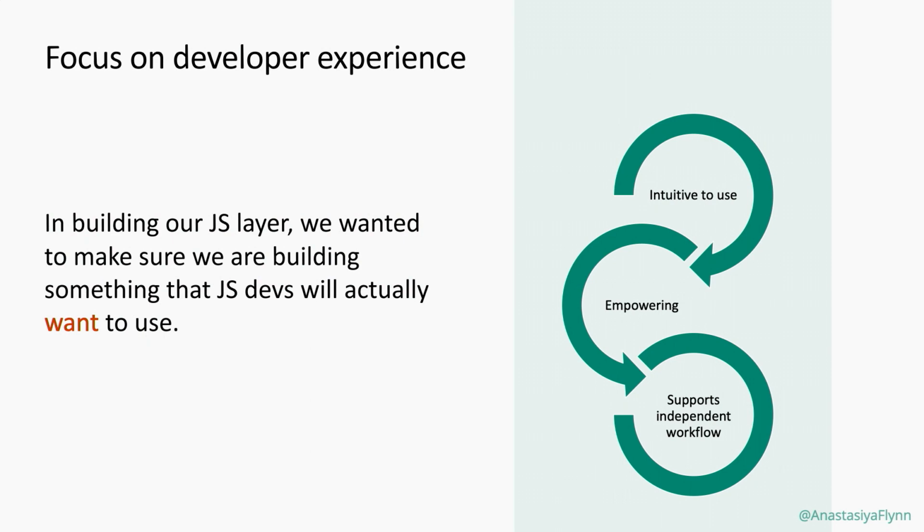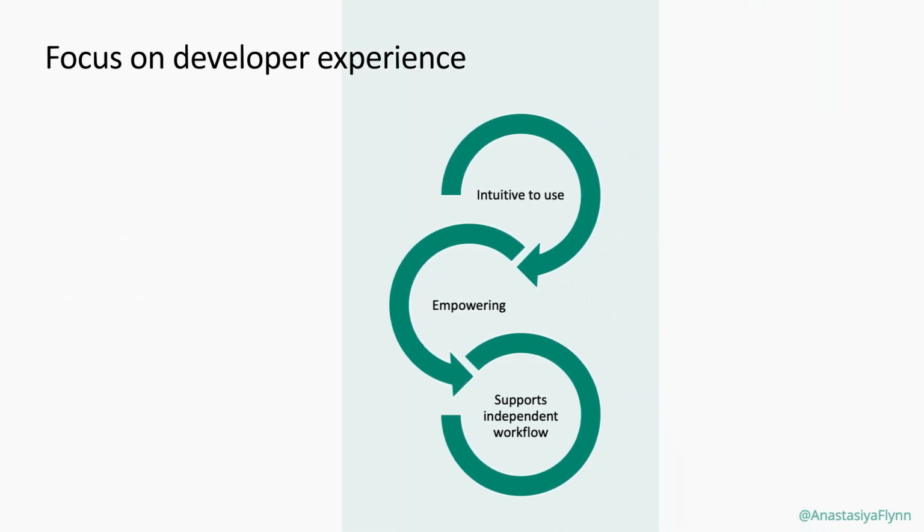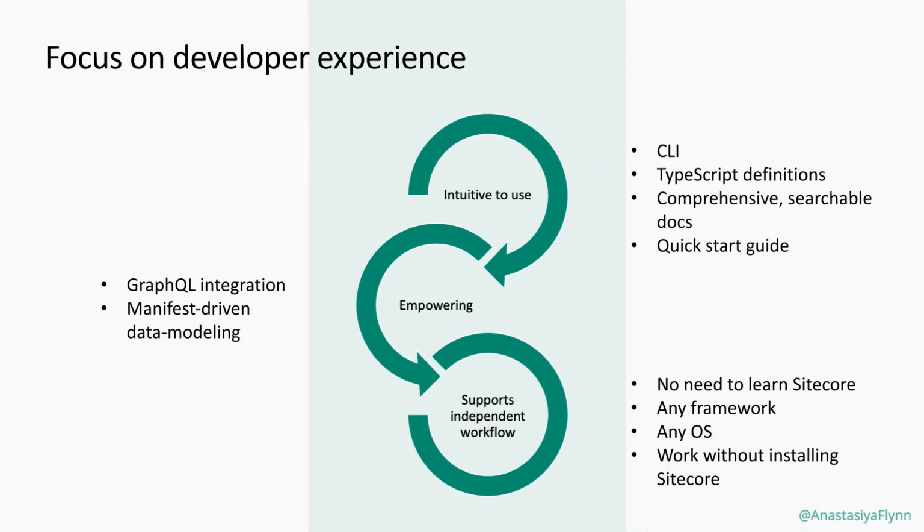In building our JavaScript layer, we wanted to make sure we're building something that JavaScript devs will actually want to use. And we think we've achieved that. To make it intuitive to use, we added a CLI, TypeScript definitions, comprehensive searchable documentation, and a quick start guide where you can get up and running in just 3 commands. That's what I demoed earlier.